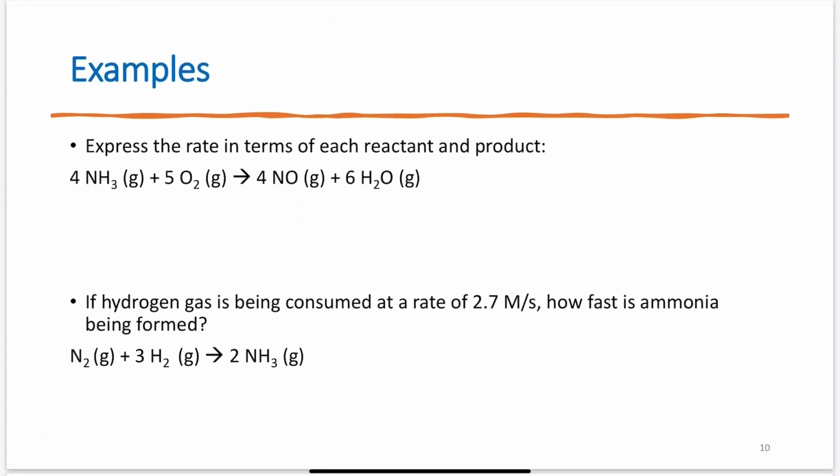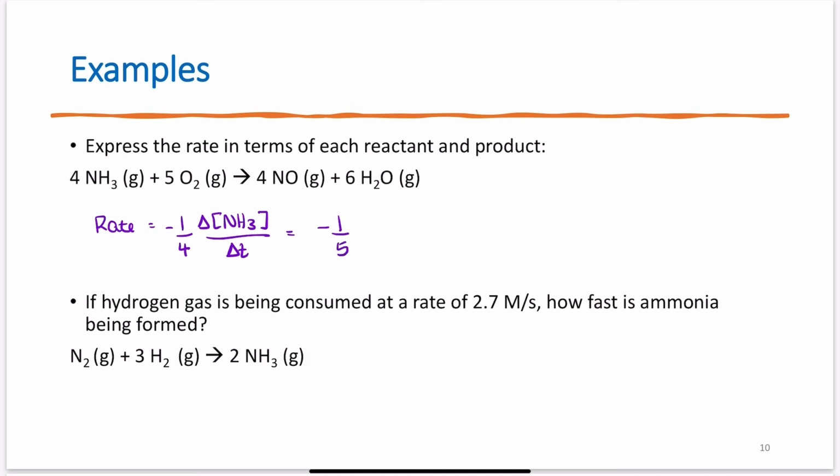What about this? Express the rate in terms of each reactant and product below. 4NH3 plus 5O2 give me 4NO plus 6H2O, everything in the gas phase. Rate is equal to negative 1/4 change in concentration of NH3 over change in time.